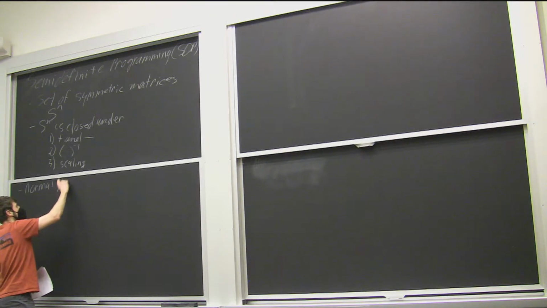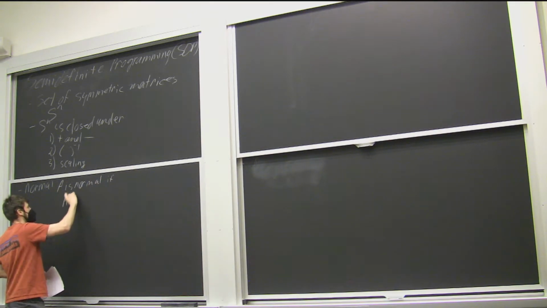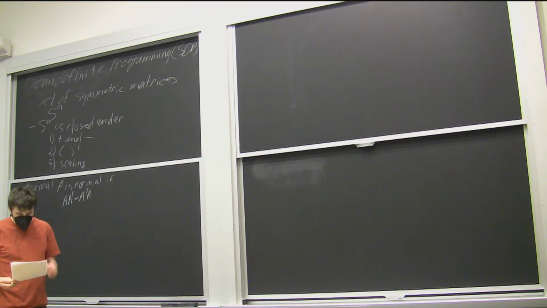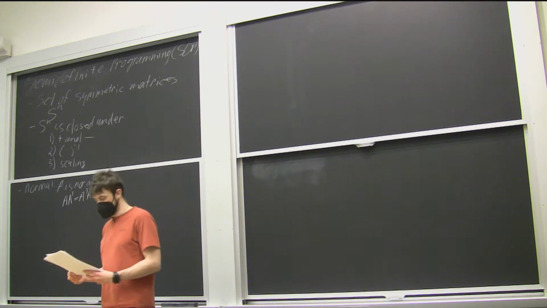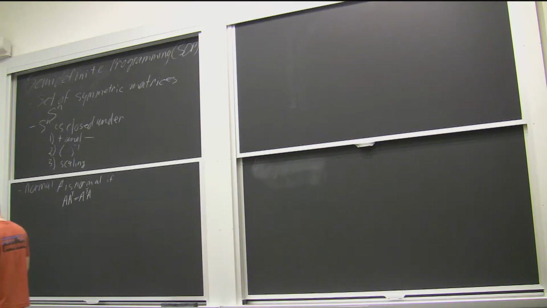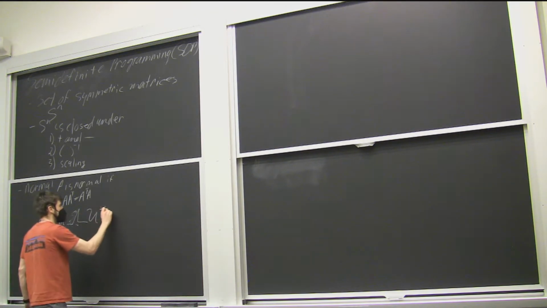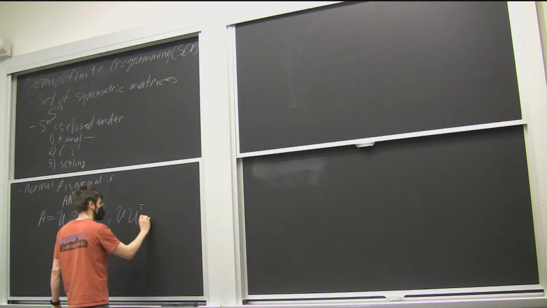A is normal if A A transpose is equal to A transpose A. That seems like a wild and uninteresting property, but it turns out to be extremely important, because if a matrix is normal, then A has a unitary eigenvalue decomposition, meaning that U U transpose is the identity.